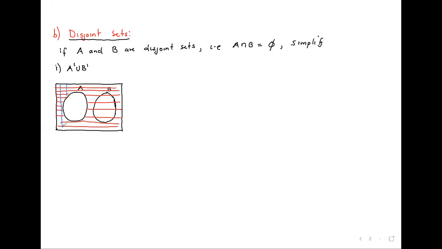B complement is outside B. So you end up seeing that everything has been shaded in the universal. So the answer turns out to be the universal set.